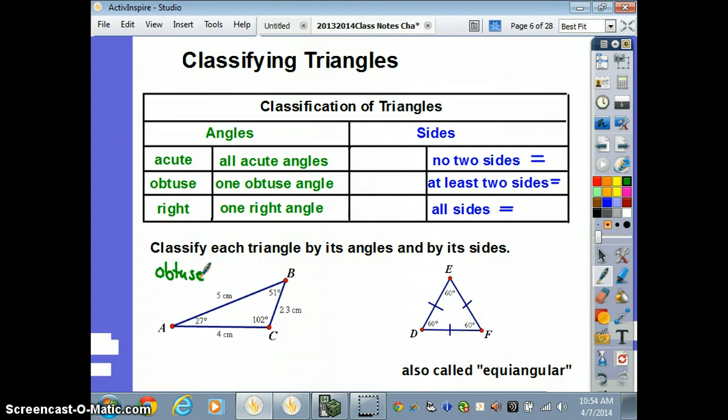And let's look at this one, 60, 60, 60. All of those angles are acute. They're all less than 90. Remember, a right angle is 90. So this is called an acute triangle.